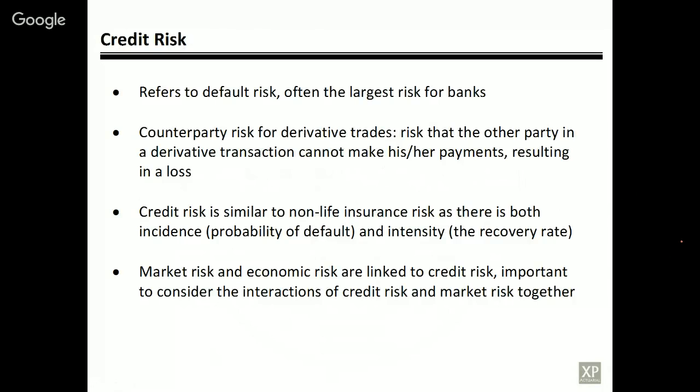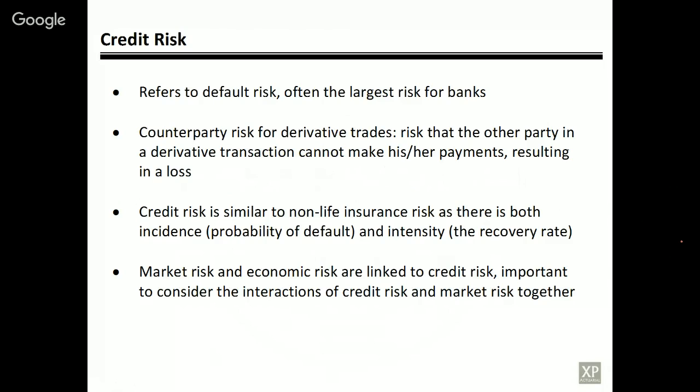Moving on, we'll cover credit risk. Credit risk here refers to default risk, and it's often the largest risk for banks. Another slightly related component is counterparty risk for financial trades or derivative trades. And this is the risk that the other party in a derivative transaction cannot make his or her payments, resulting in a loss.